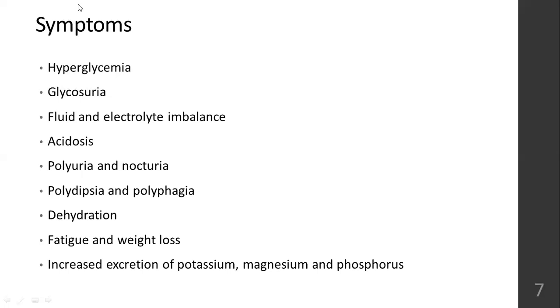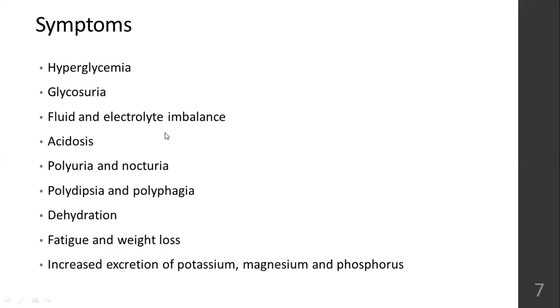Increased excretion. So symptoms: increased excretion of potassium, magnesium, phosphorus, along with glucose.